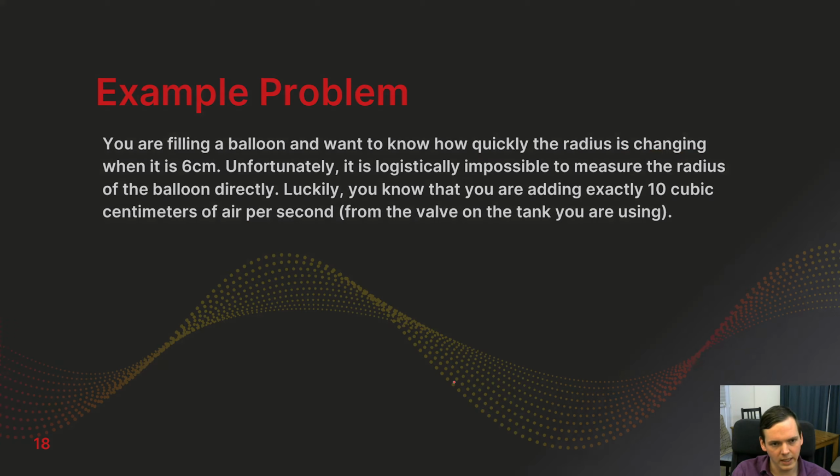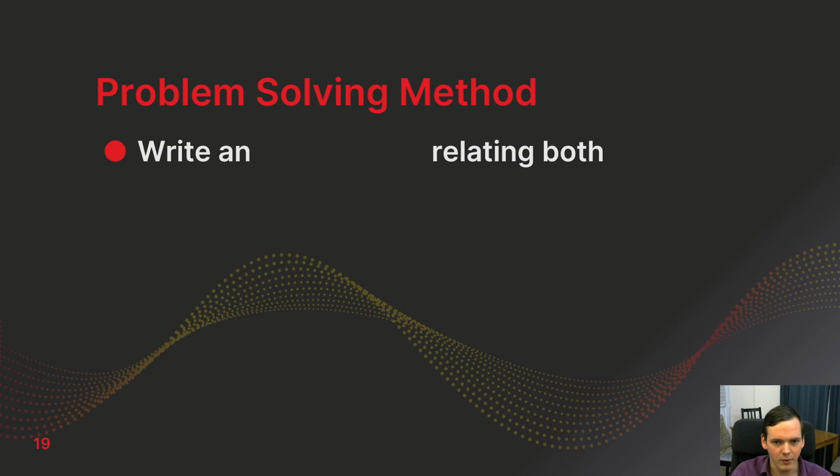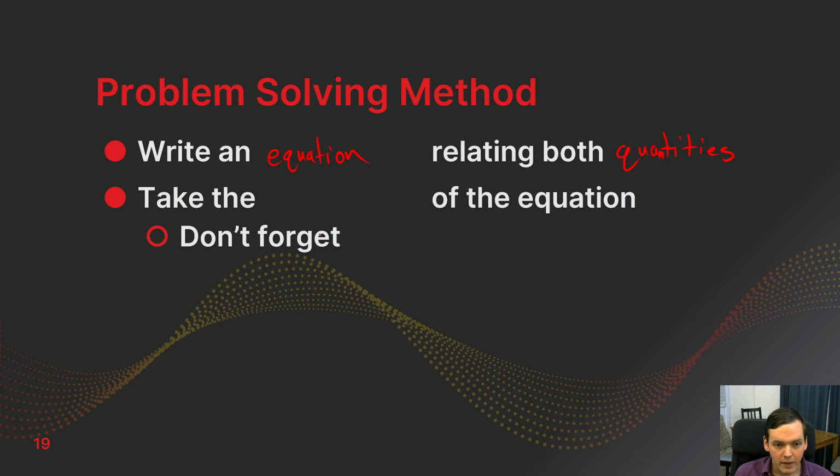Let's summarize how that all comes together. First, write an equation relating both quantities, the two things you want to find the related rates of. It might be more than that, but for the most part in this class we're going to look at two. Then take the derivative of the equation. Don't forget to use the chain rule.